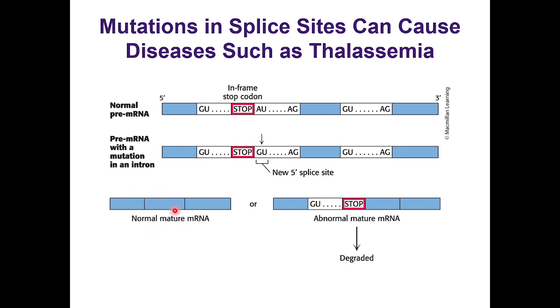And so instead of your normal mature mRNA, which would have had these right here spliced out into the exons, and then these are the introns, right? Then instead we get this. And so we have spliced in a new stop signal. So it goes, protein, making protein, and stop. And we skip 2 of the exons. Whoops. That's kind of a half-assed job, isn't it?